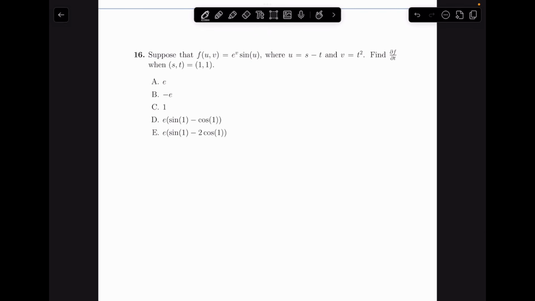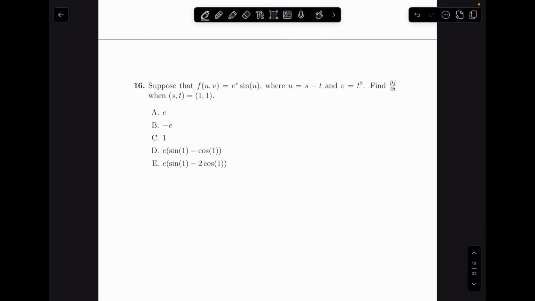Question 16, suppose that f of u, v equals e to the power of v sine u, where u equals s minus t and v equals t squared. Find df dt when s, t is 1, 1. Okay, well, whenever you see they give you a u and v and then u depends on something, I'm thinking chain rule.